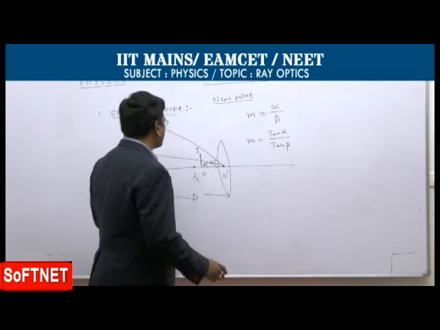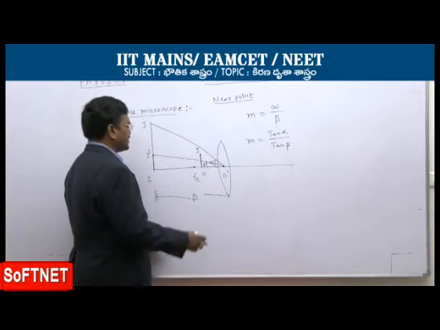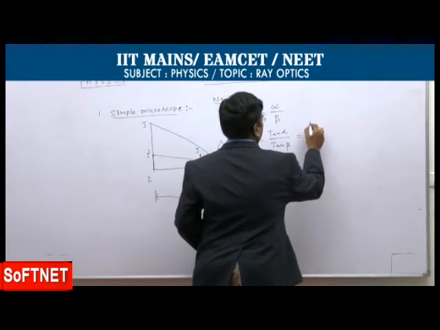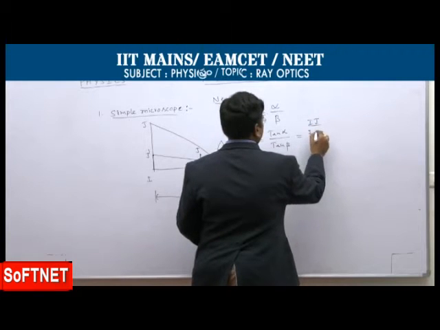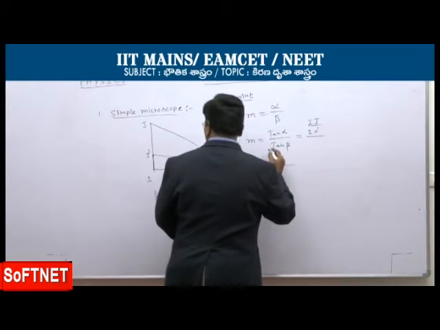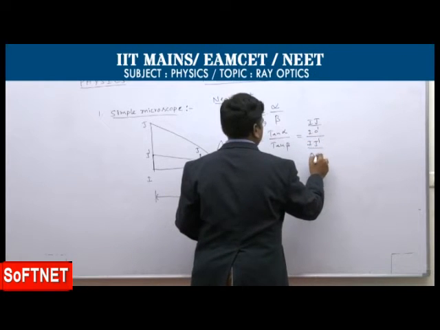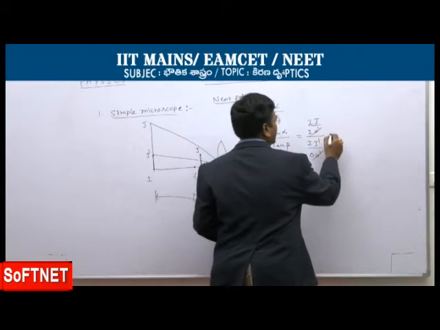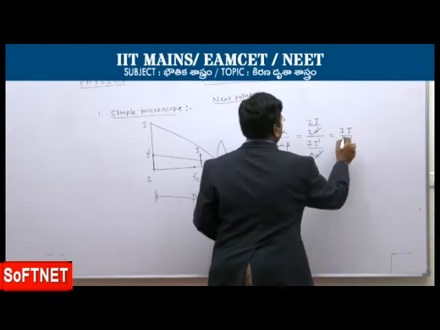Now tan alpha is opposite side by adjacent side, which is IJ by IO dash. Tan beta is IJ dash by O dash. The O dash gets cancelled, and we get IJ by OJ dash.